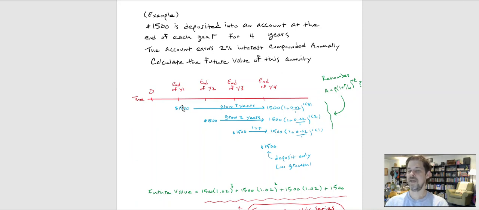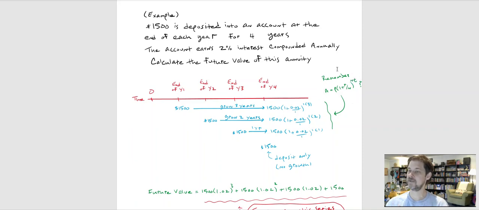So as I calculate the future value, the grand total, the amount of money that's in this account considering all the payments and all the interest, I have to account for that $1,500 earning compound interest at 2% per year, compounded annually for 3 years.